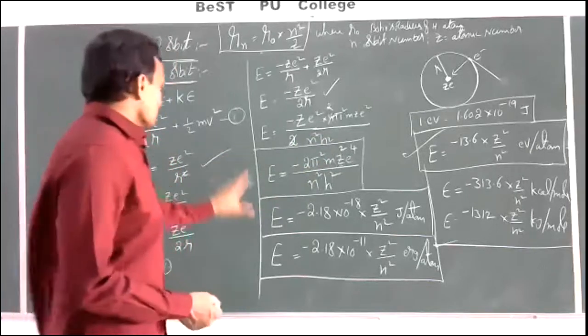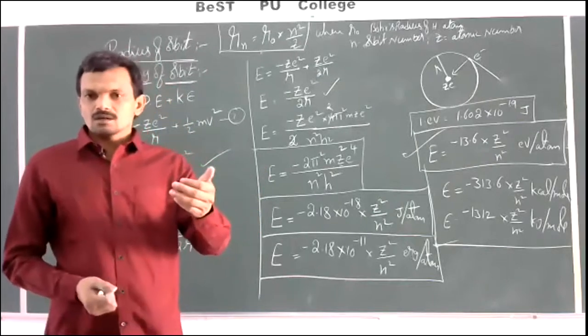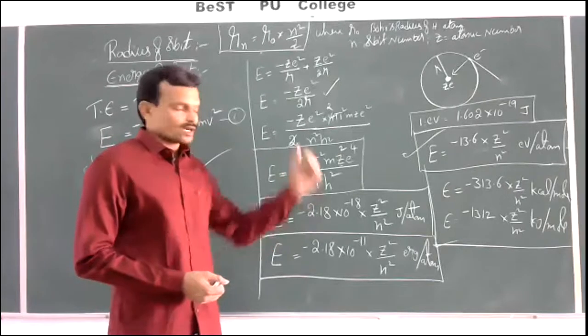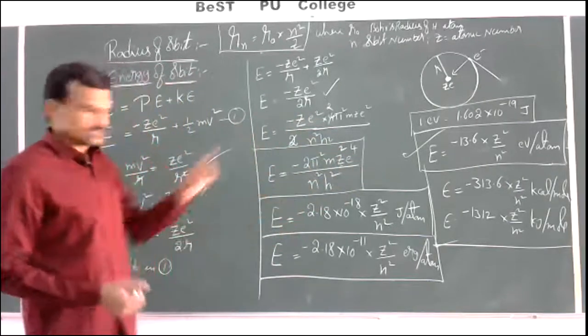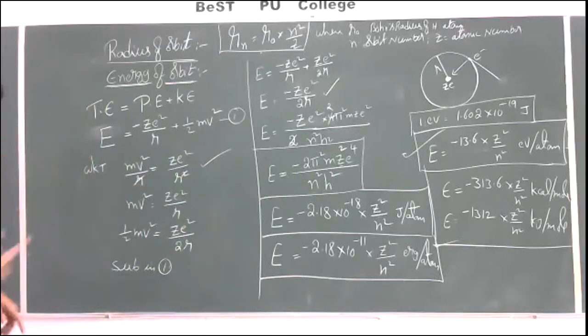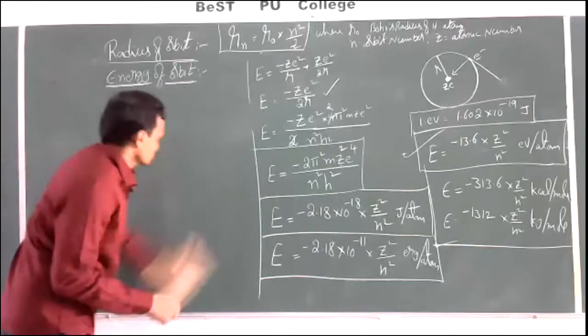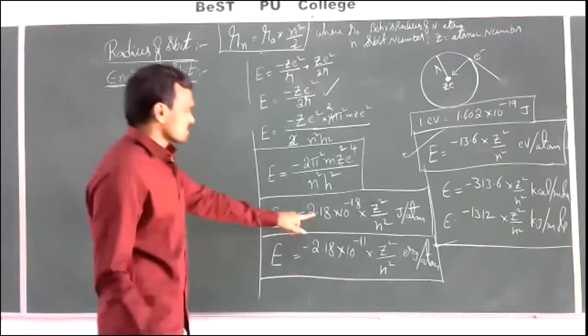You should remember all these formulas. If they ask a question to calculate energy, either in terms of joules or ergs or kilocalories or kilojoules, per atom or per mole, you should know these relations. Still some more part is there here. So what do we have here?